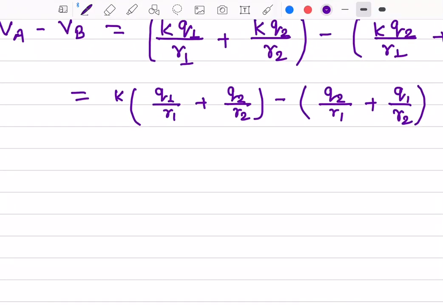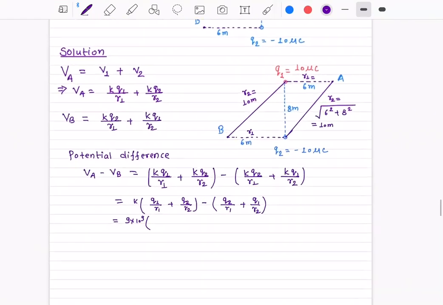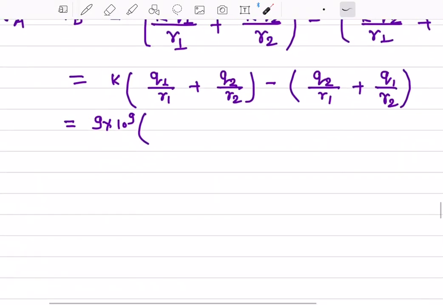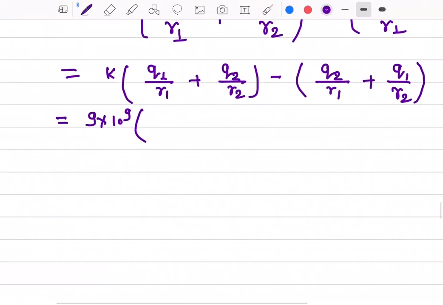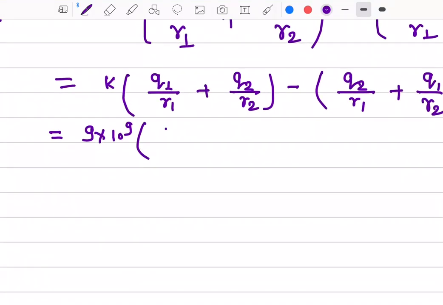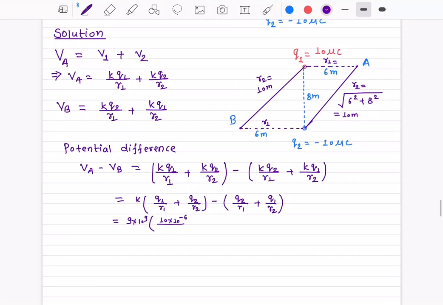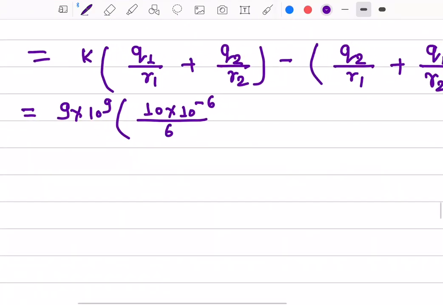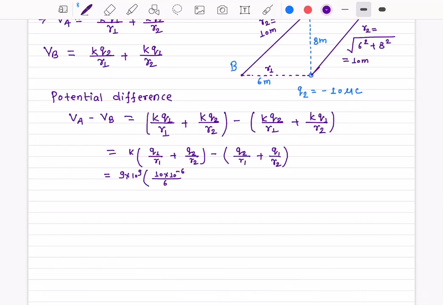Now let's plug in all the values. What's the value of K? 9 times 10 to the 9. What is the value of Q1? 10 microcoulomb. Q1 is 10 microcoulomb and Q2 is negative 10 microcoulomb. So 10 times 10 to the negative 6, and R1 is 6 meter.